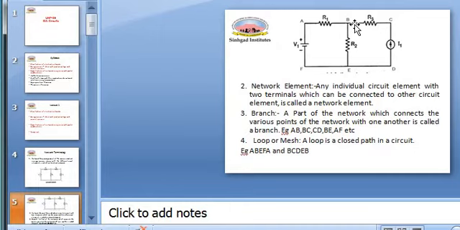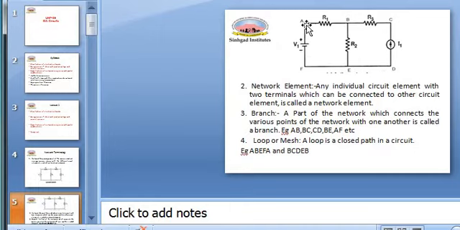Now what is a mesh? A mesh is also a closed loop. Here A, B, C, D, E, F, A is also a closed loop. Right?